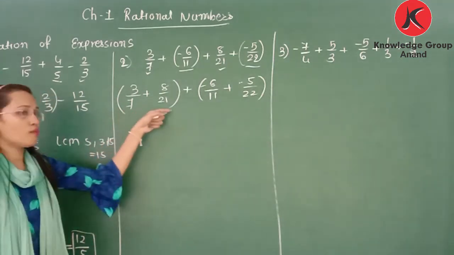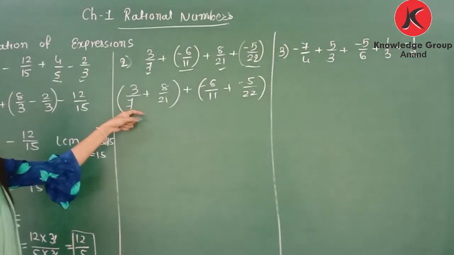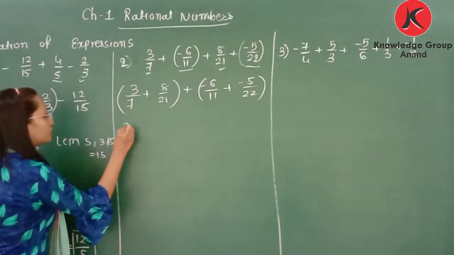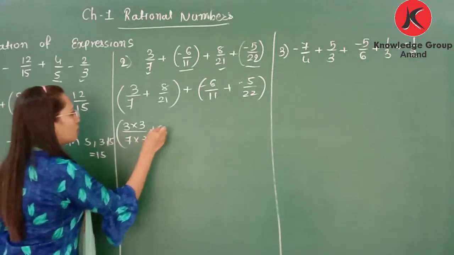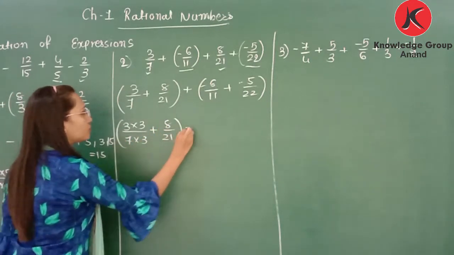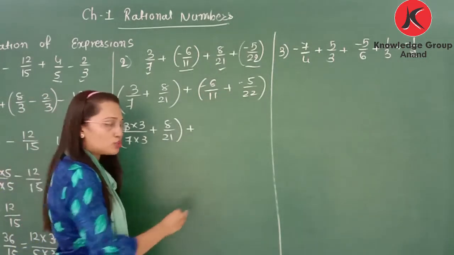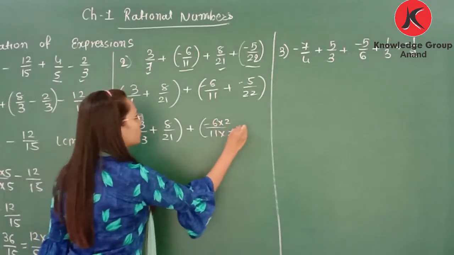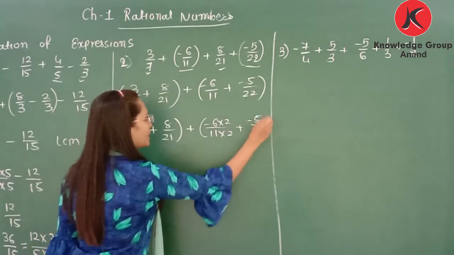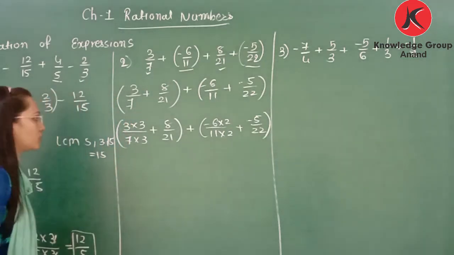Now take the LCM of 7 and 21, that is 21. So here 7 is multiplied with 3 to get 21. So 3 3s are 9, 7 3s are 21, plus 8 by 21. Now here, to get 22, we should multiply 11 with 2. Minus 6 by 11 is multiplied with 2, minus 12 by 22, and minus 5 by 22 as it is, because the denominator is already 22.